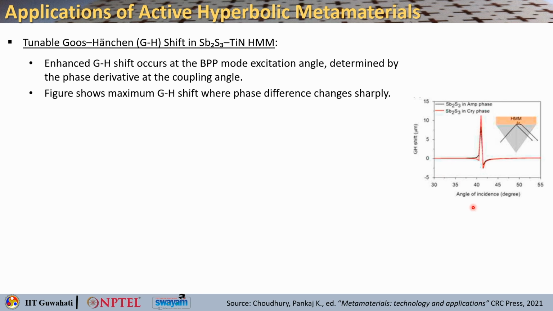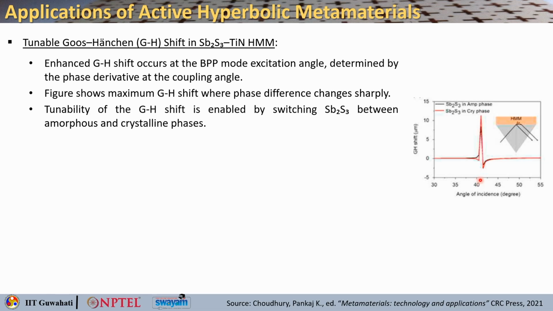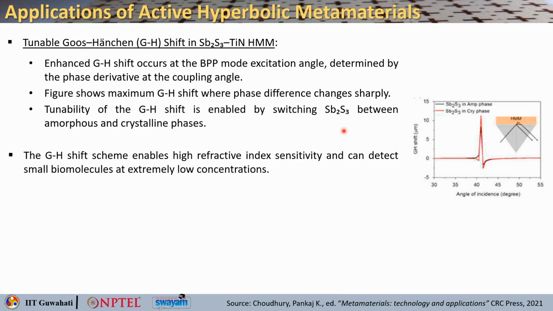So, this figure shows you the maximum shift happens when the phase changes sharply. So, the tunability of this GH phase is enabled by switching of this antimony trisulfide between the amorphous and the crystalline phase. So, this is how you can do active tuning.